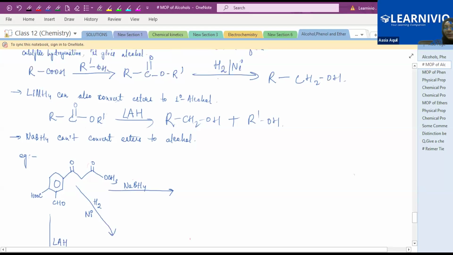And one more thing, lithium aluminum hydride can also convert esters to a primary alcohol.